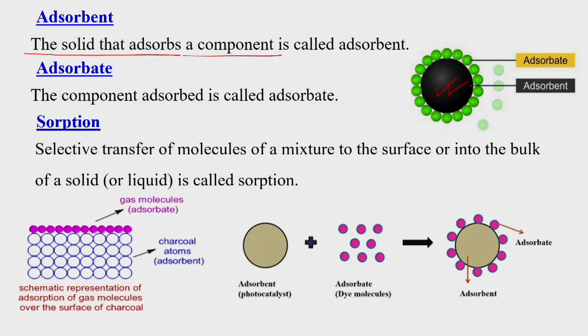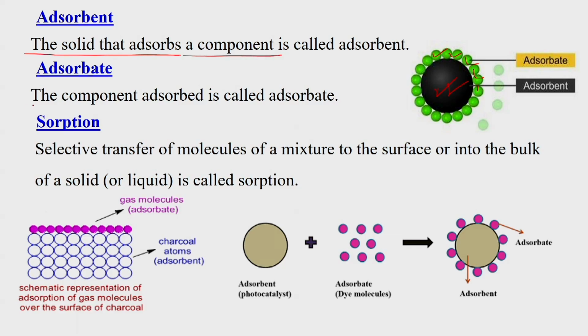This is a solid substance where the particular target component is stuck on the surface only. So, we can say adsorption is a surface phenomenon. On the surface only, when active spaces are available, these spaces can trap the solutes or target components, and then these are separated from the system.